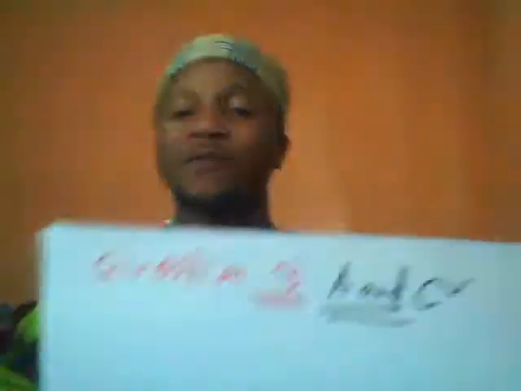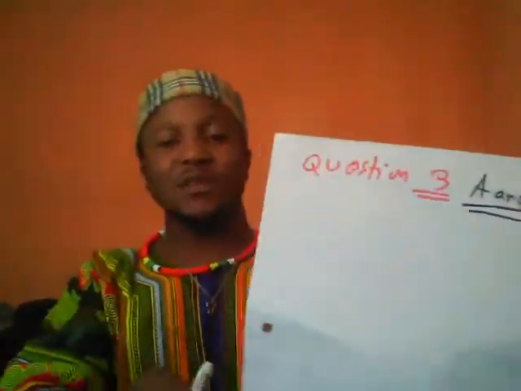Question 3, I can't see the question, but let's go to the question now. Oh, I got it. So question 3, A and C. A and C is option 4, so I'll write here option 4. Use a blue pen here, option 4.